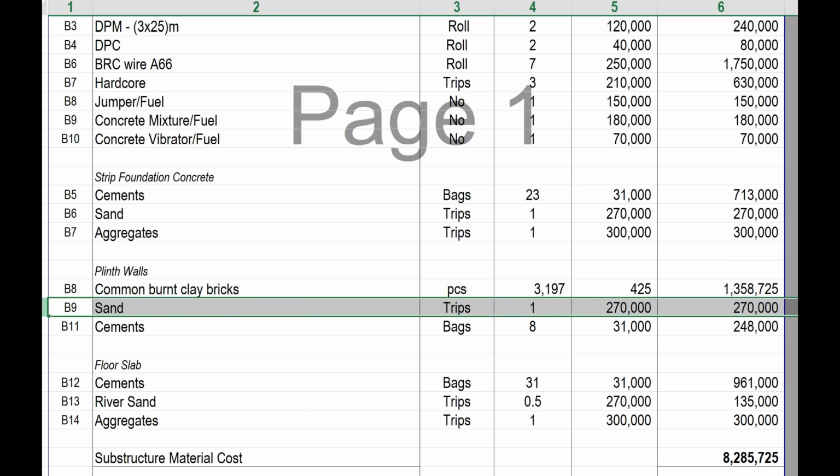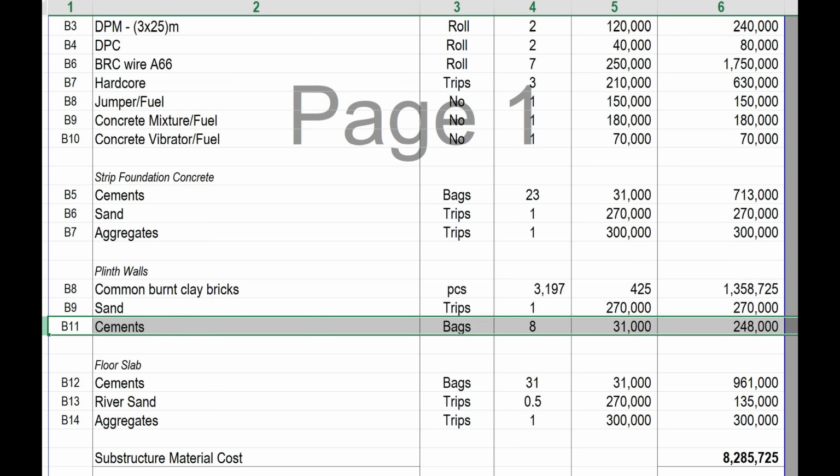Then we also need sand. One trip can be enough to raise our plinth walls, and you can get one trip at around 270,000. And we also need cement, and 8 bags can be enough, whereby you can get one bag of cement at 31,000, summing up to 248,000.